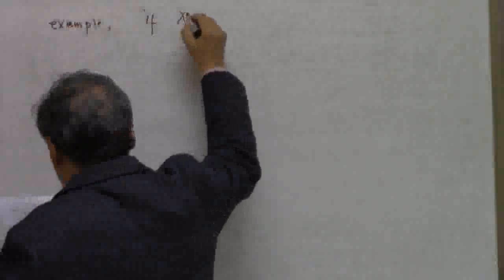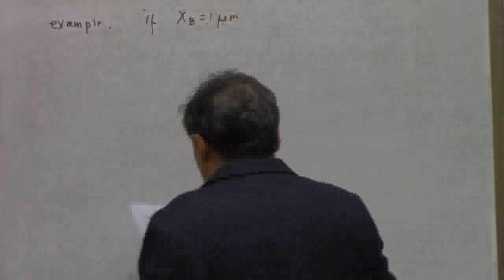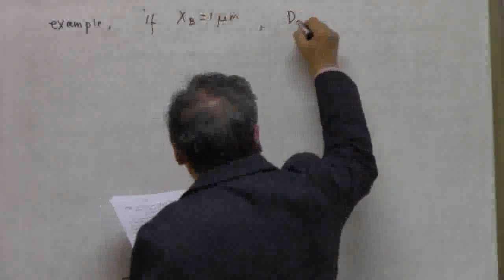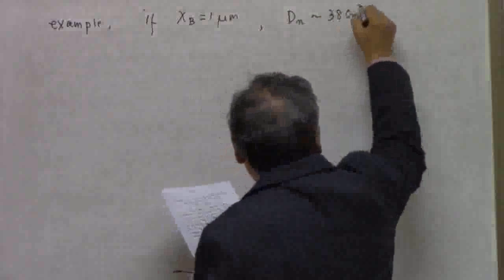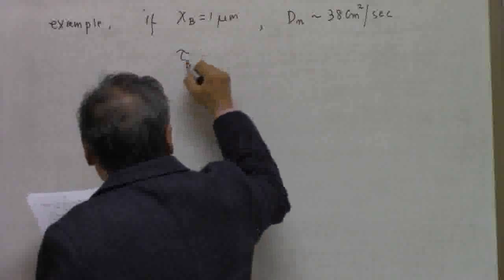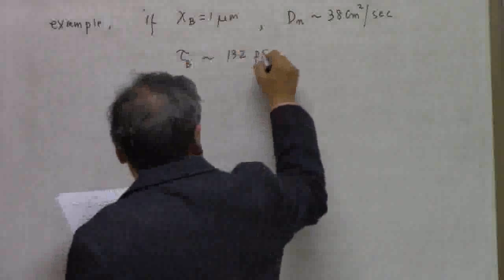Example: if X_B is 1 micron and the electron diffusion coefficient in the base is about 38 centimeters squared per second, then the transit time in the base comes to 132 picoseconds.